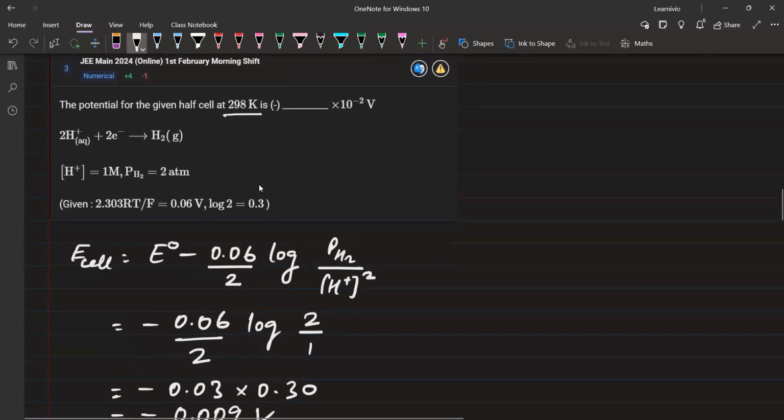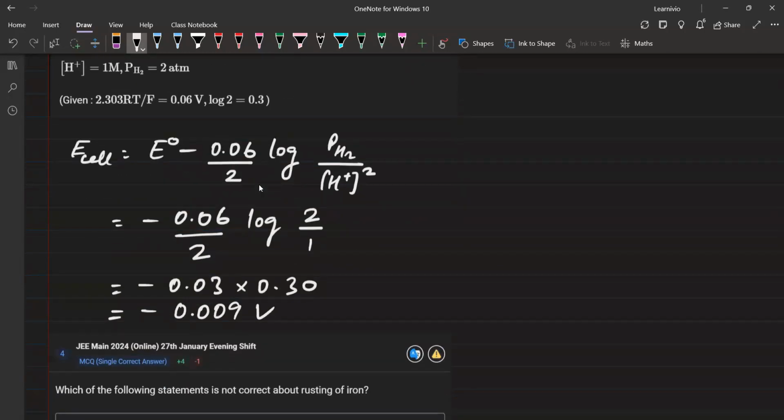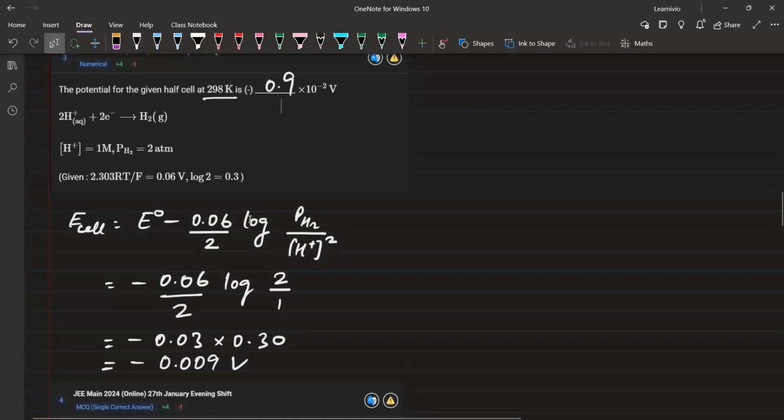How will you write in decimal? So 0.9 into 10 to the power minus 2. What is wrong? What's wrong? There is 2 electrons. 2 ATM is 2 ATM.